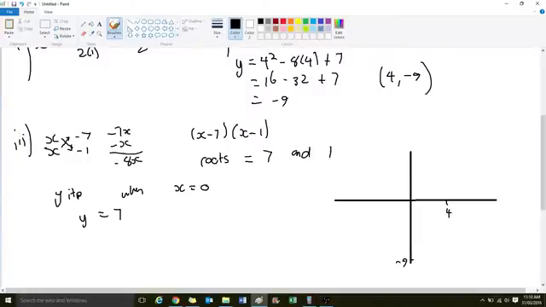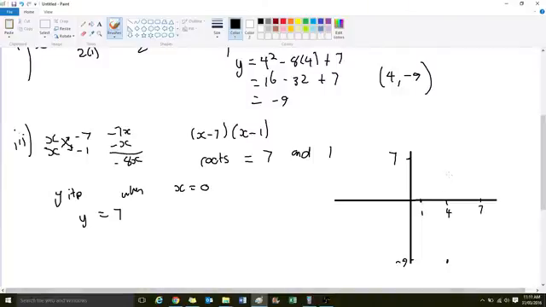And then we know that the y-intercept is positive 7, so that might be all the way up here. So there's our vertex, there's our y-intercept, and our x-intercepts are x is 7 and x is 1. If that's 4, 7 might be about here, and 1 might be about here.